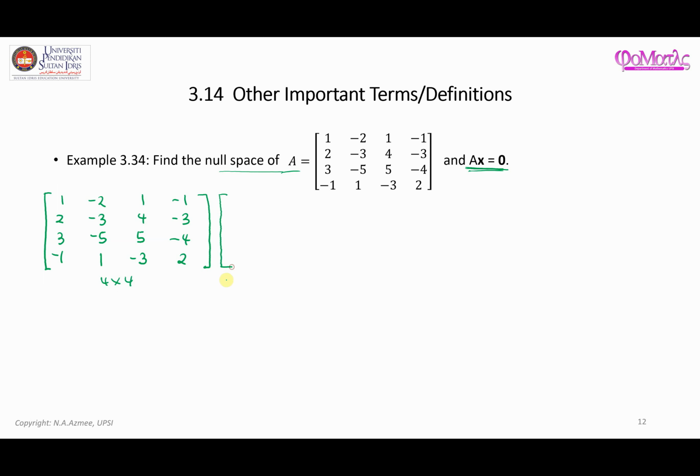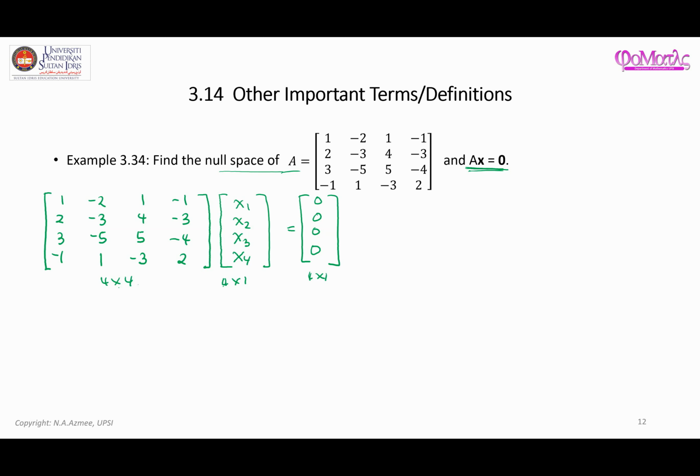Therefore, here must be 4 by 1. So we have x1, x2, x3, x4, 4 unknowns. Since we have 4 by 4 with 4 by 1, the result is going to be 4 by 1. So here's 0, 0, 0, 0. That is our starting point.